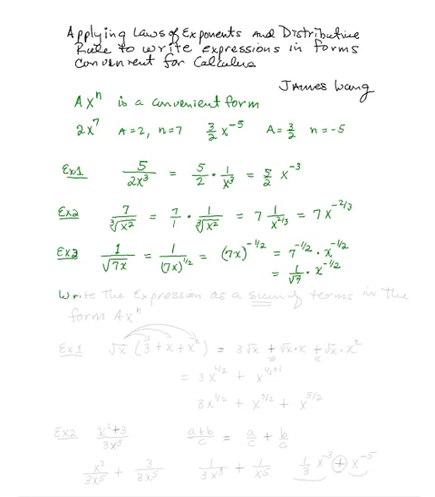So I want to write, in the next examples, the expression as a sum of terms in the form ax to the n. So we're going to have several terms added together, a sum. Now, sum and difference, it's okay to have subtractions. That's just a sum with a negative coefficient.